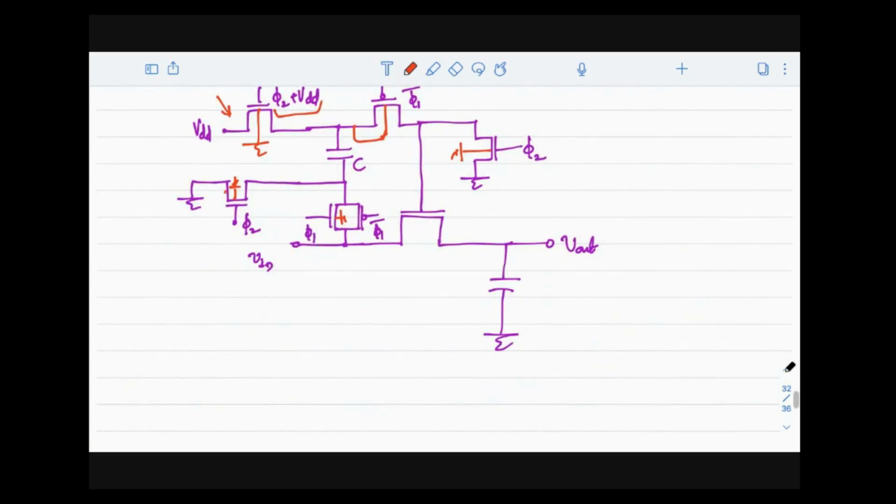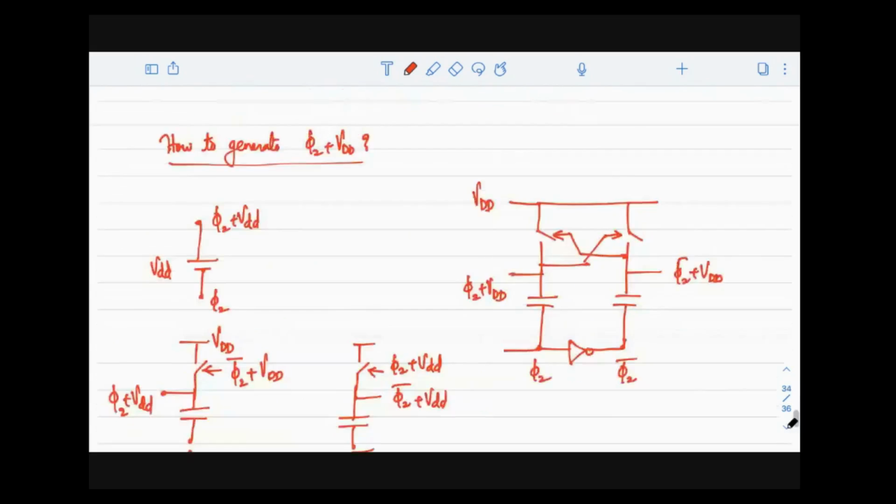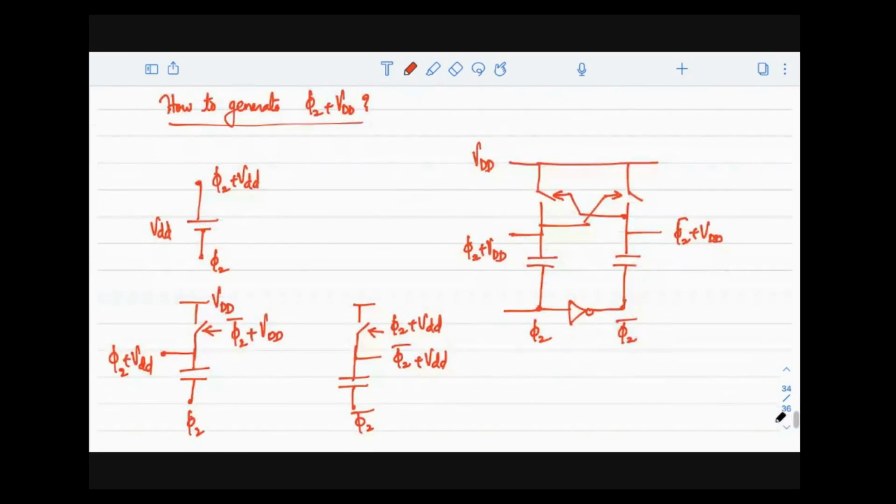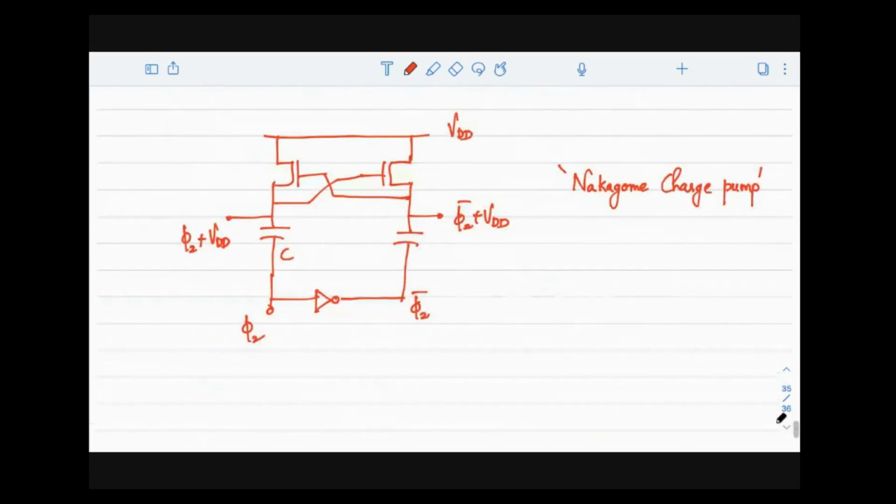And then we also solved the problem of generating a phi 2 plus VDD signal, because using non-overlapping clock generators, we can generate phi 1 as well as phi 2. But to get phi 2 plus VDD, we need to take the help of this method, where we ended up getting a charge pump, which is used to generate this large voltage. Right. So this is all about the bootstrap switch and the auxiliary accessory circuits.